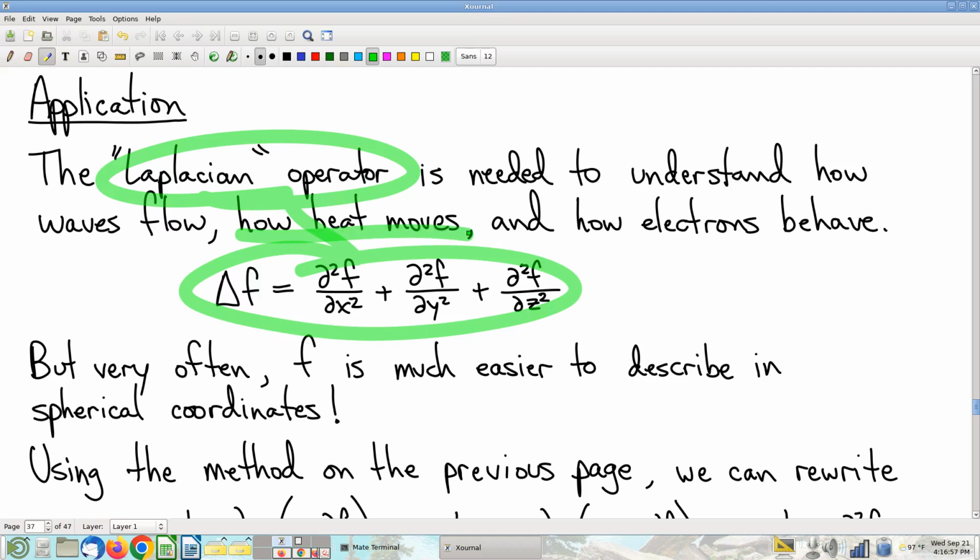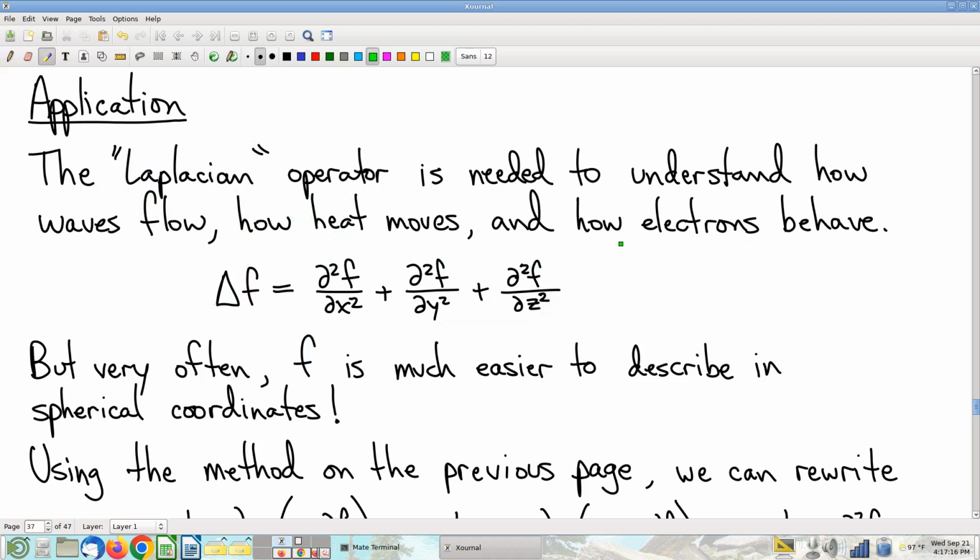But FYI, the Laplacian is also very important to understanding what we call the wave equation, how waves flow, and how electrons behave, and how gravity works. There's a bunch of stuff that depends very strongly on the Laplacian. Okay, so here's the formula for it.